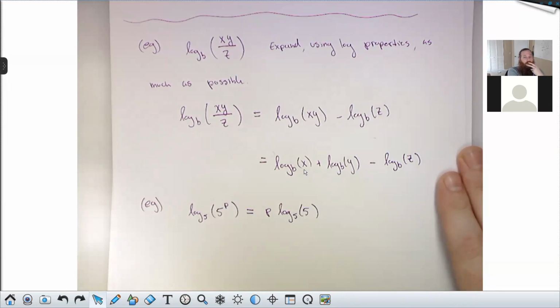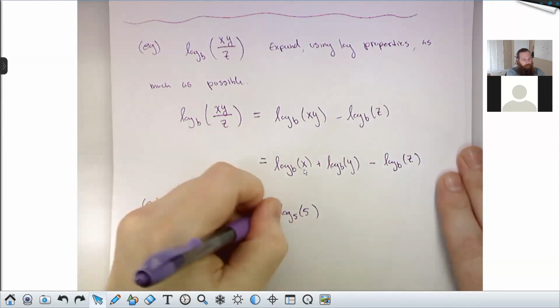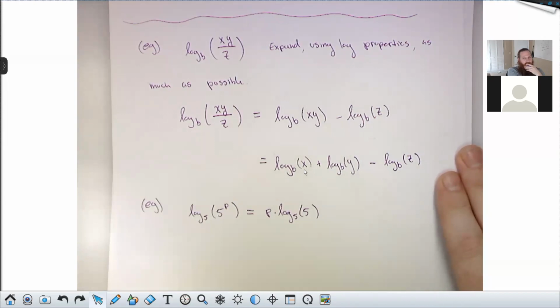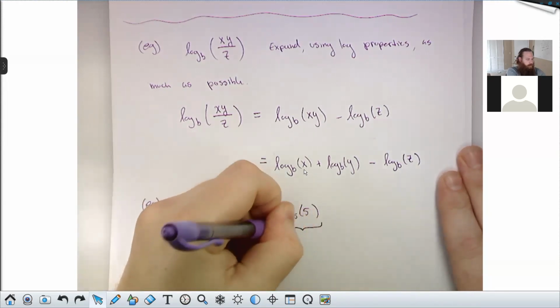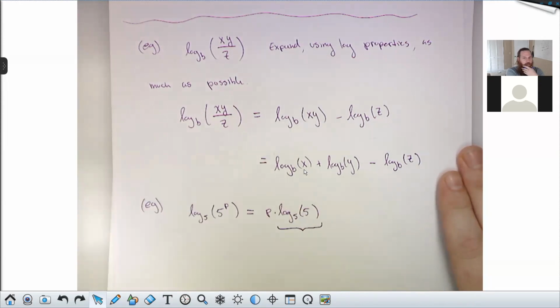Now there is something special I can do going further. This doesn't follow immediately from one of those 3 rules we just learned. It follows from something that we used last week. Can anybody tell me what is the base 5 log of 5?